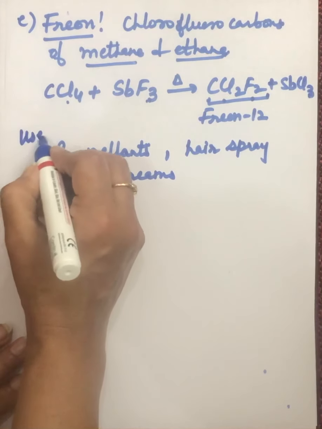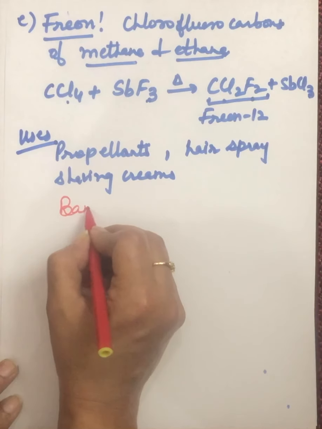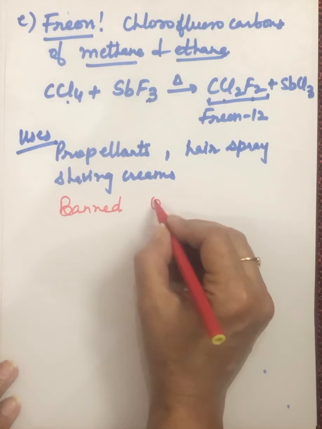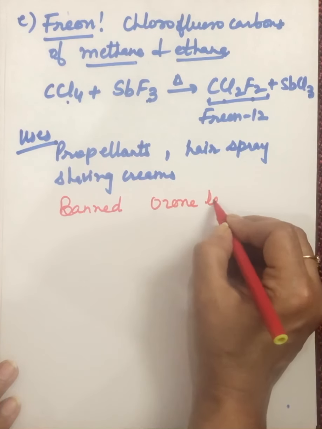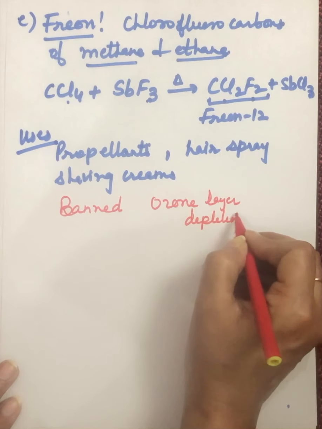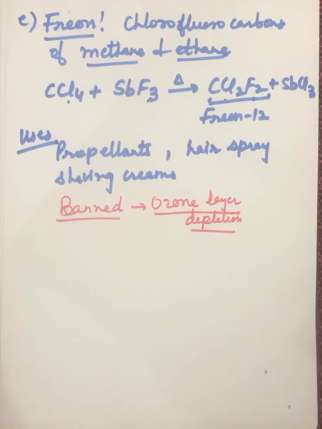These are the uses, but there is a ban now on the use of freon because they are responsible for ozone layer depletion. The major reason for depletion of the ozone layer is the freons. So nowadays there is a ban on the use of freons.